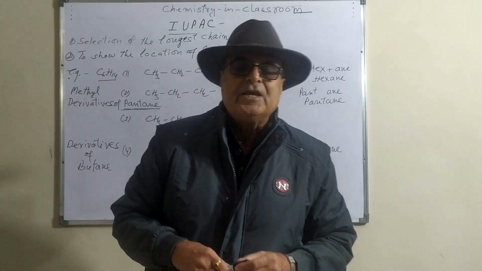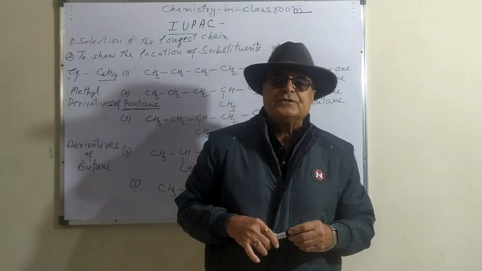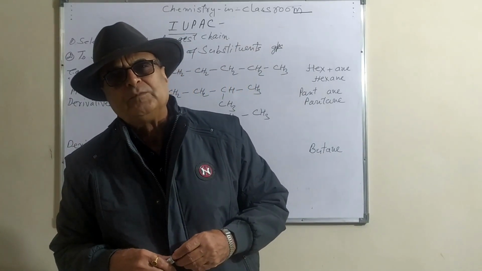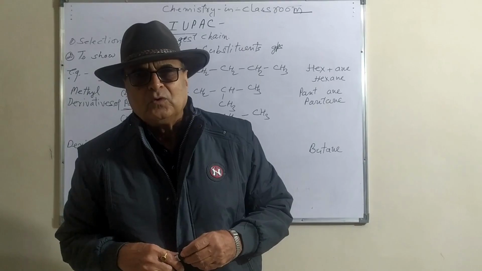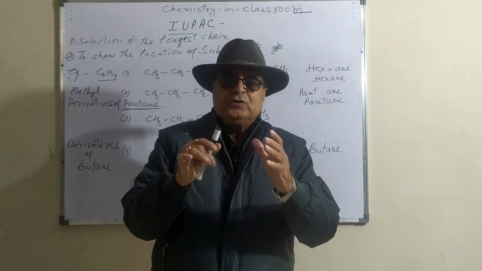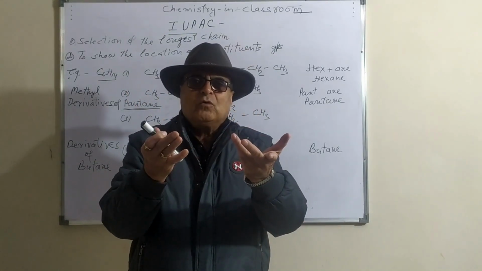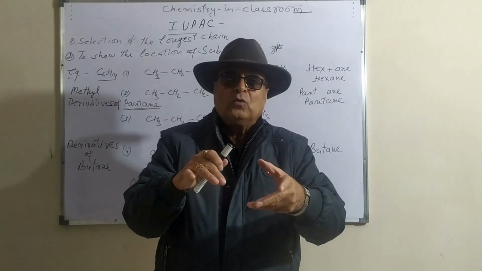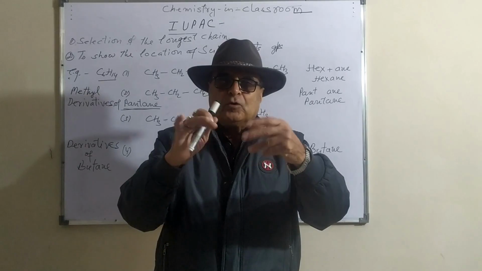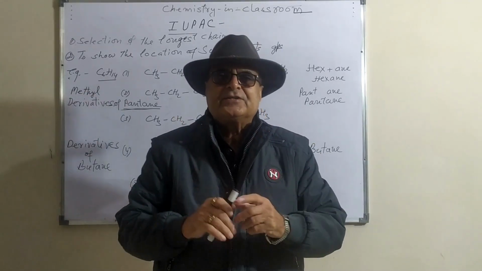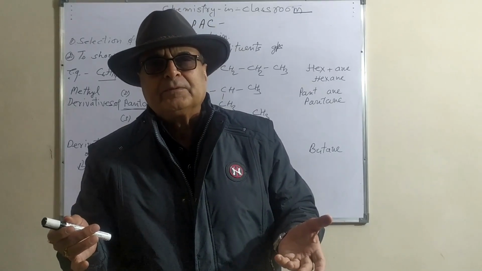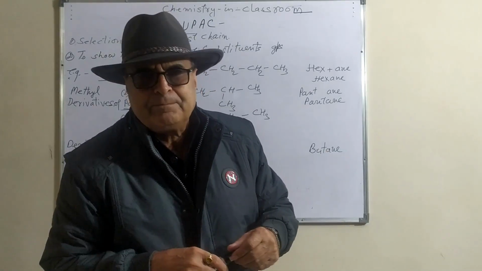In the same manner, if there are 8 carbon atoms in a compound, then the name of the alk will be oct. So today I will tell you how you get the value of alk, how you will know the number of carbon atoms present in that chemical compound or organic compound.